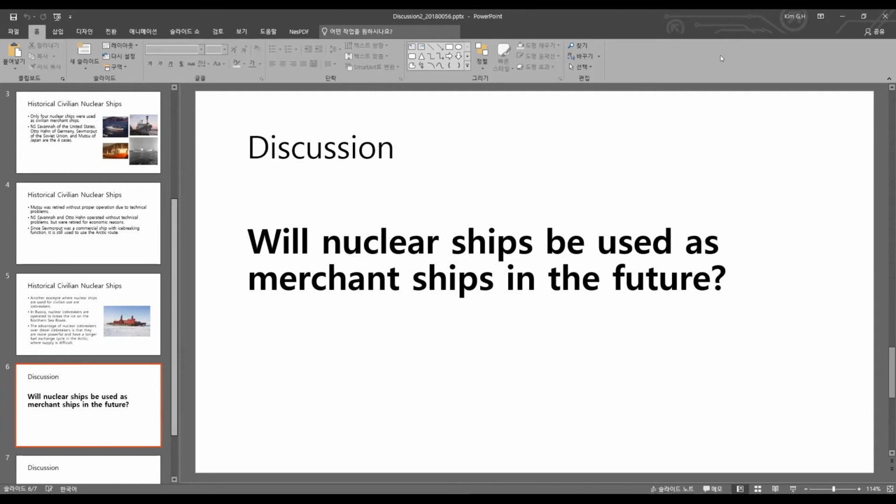Regarding the use of nuclear ships as merchant ships, like someone mentioned, there's the matter of having a reinforced hull, but we also have to note that there are a lot of merchant ships, so accidents are inevitable. The nuclear technology should be developed to the point where an accident would not cause some kind of environmental disaster.